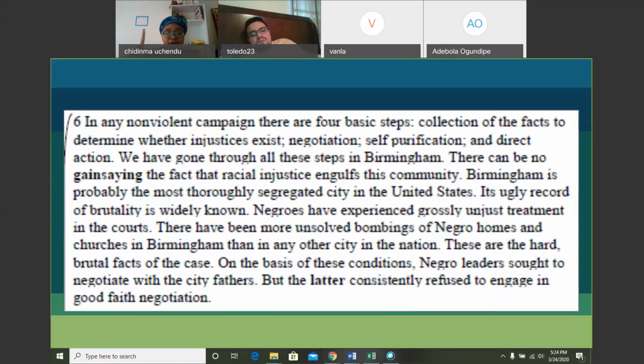Number 1 is collection of the facts to determine whether injustices exist. That is where you have to gather facts, right? And you have to ask, is there something wrong? That is the first step. You're collecting facts to figure out if there is something wrong.